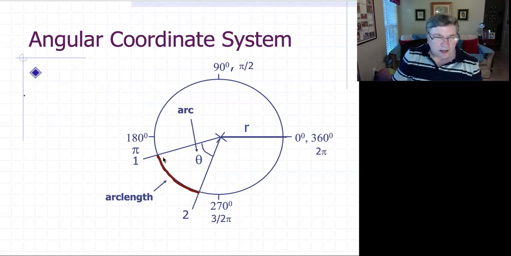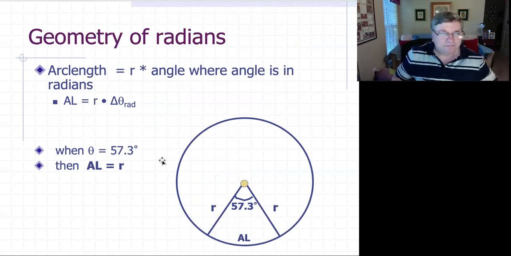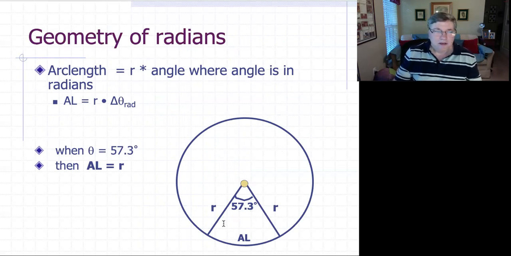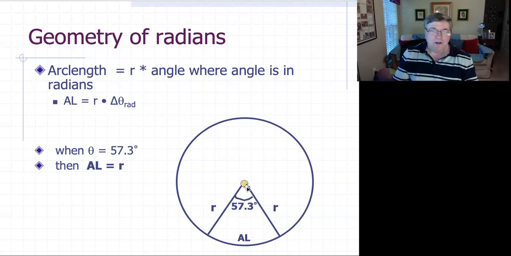So there's the arc length, again, a curvilinear distance on the outside of an arc. Something interesting about the arc length that gets us to why the standard units for an arc are in radians. So this is a particular angle, a really interesting angle. It's 57.3 degrees. It's like a magic angle. And at this angle, the radius of the circle, that length is equal to the length of the arc length.